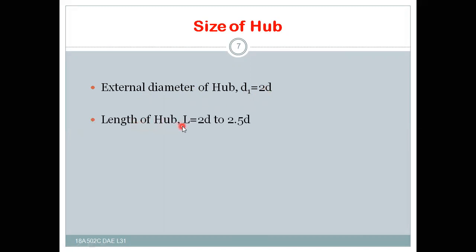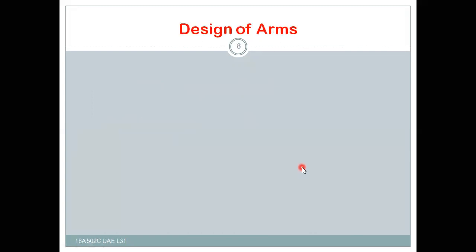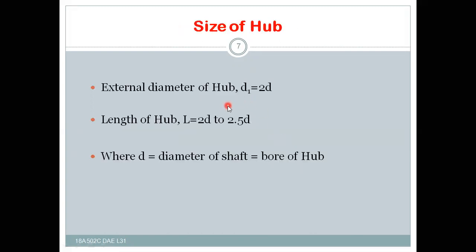L is the length of the hub, which is 2d to 2.5 times the shaft diameter, where d is the diameter of the shaft or bore of hub. From this you can calculate the hub dimensions, that is the internal as well as external diameters, and the length of the hub.